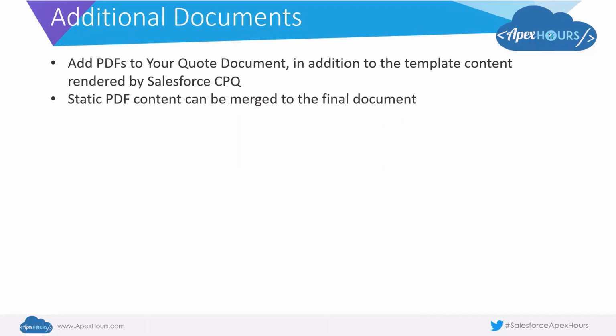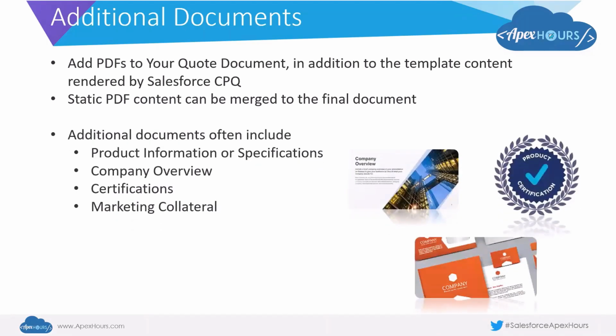So in addition to the code information, the customer information, the code lines, your signature block, a lot of times customers will want to include additional documents like product information sheets or specification sheets, or even marketing collateral or your company overview or the corporate overview as a document, right? So this information can be added as additional documents, and it could be included in your code document.